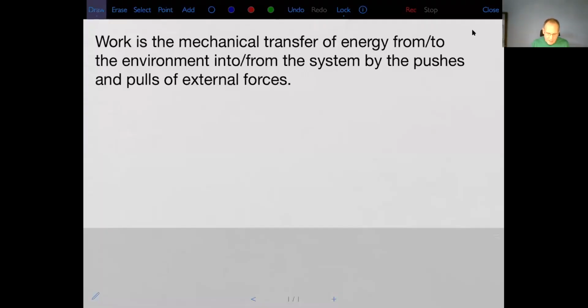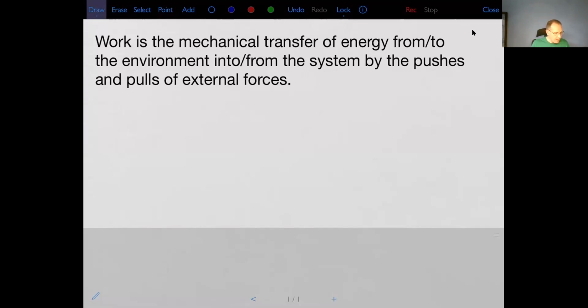Okay, so work is defined to be the mechanical transfer of energy from or to the environment from the system by the pushes and pulls of external forces. So it's a transfer of energy, think of it like from the environment to the system or to the environment from the system.